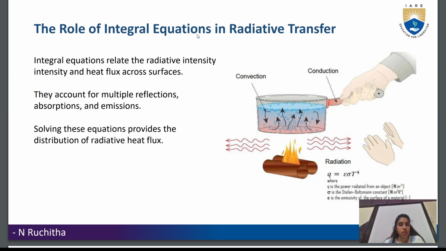They account for geometry dependent interactions that cannot be captured by simple algebraic models, and serve as the mathematical framework behind radiative transfer equations (RTE) and surface to surface radiation models.